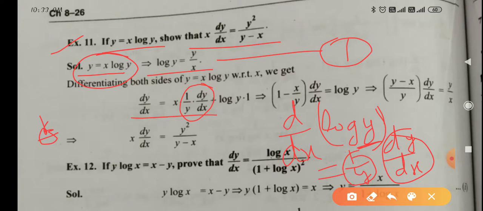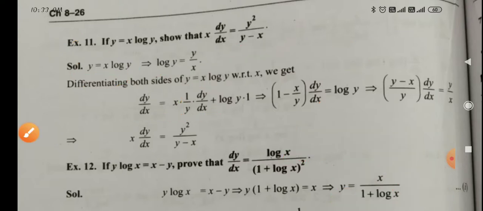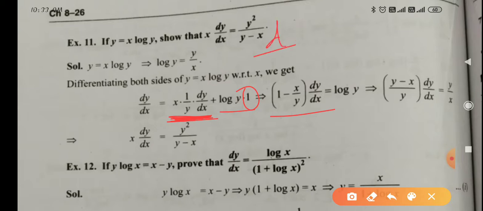So that's why they are writing here, you can see x into 1 upon y dy upon dx. Now plus log y same, and for x differentiation is 1. Now you can take the first term, x upon y dy upon dx, to the LHS. So in LHS it will become dy upon dx minus x upon y dy upon dx.